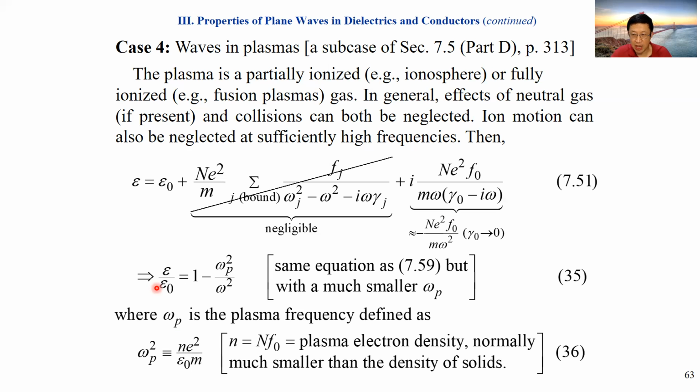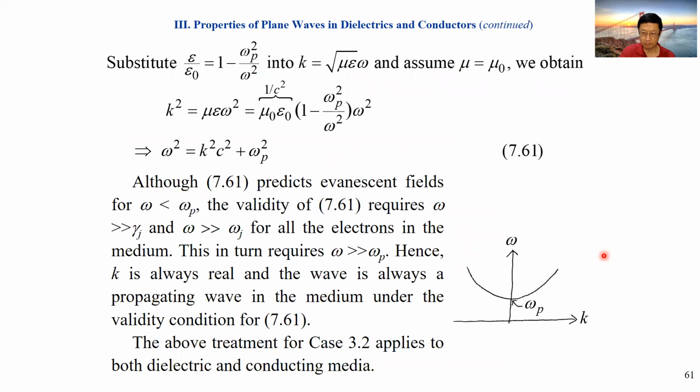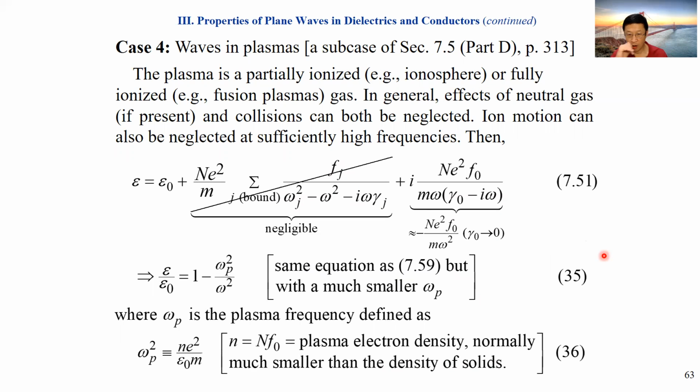Same equation as 7.59, but with a much smaller omega p. Let's go back to 7.59. This one. Okay, same equation, but the value is much smaller. Omega p is the plasma frequency, defined as N e squared over epsilon 0 m.